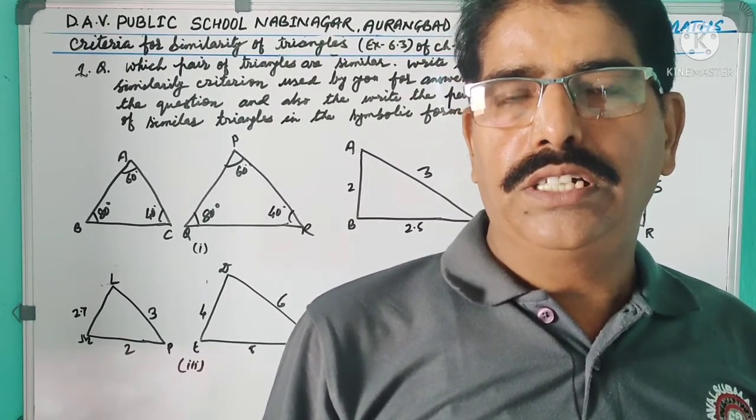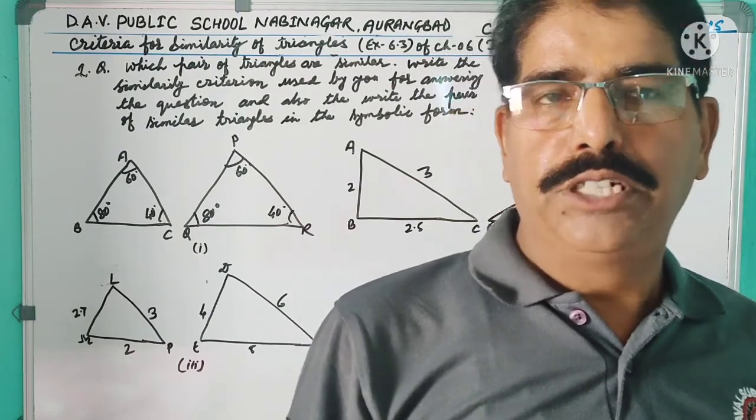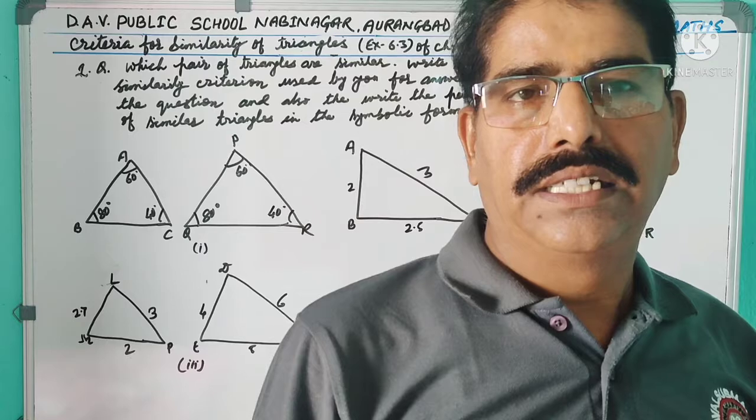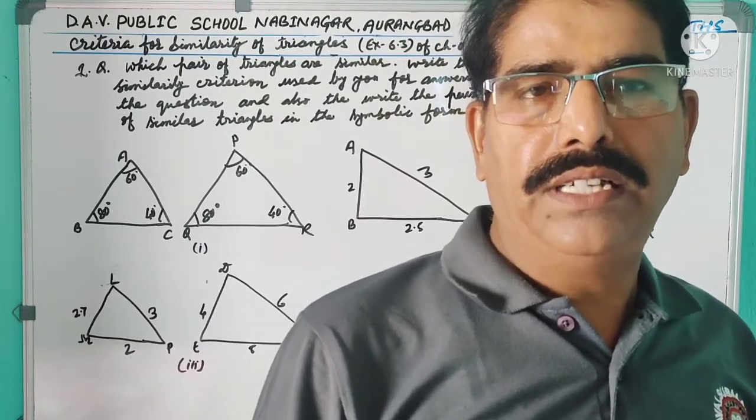So, using all the criteria of similarity of two triangles, solve some problems of exercise 6.3.